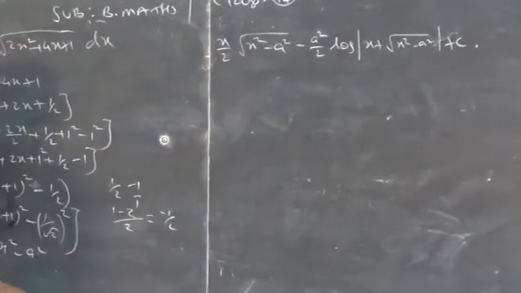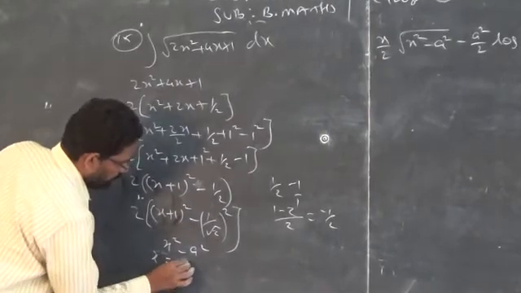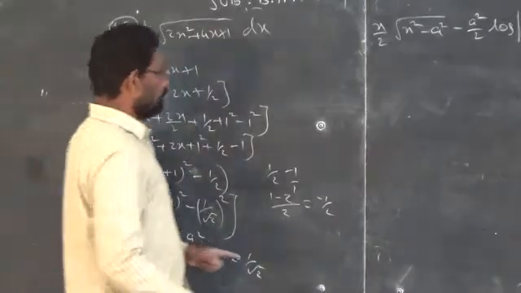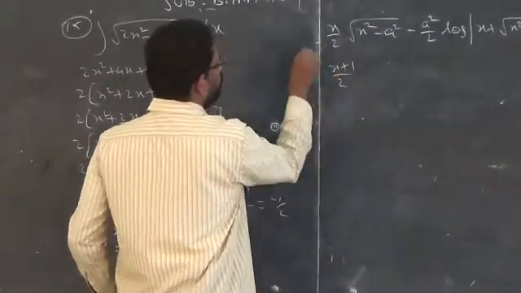This is the formula. What is your x? I told you already, you have to write what is x. x is x plus 1, a is 1 by square root of 2. So just replace x by x plus 1 by 2.